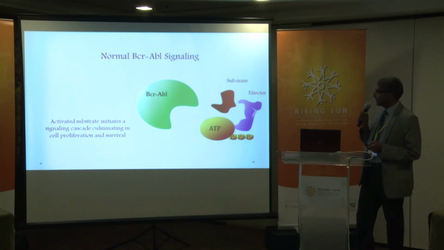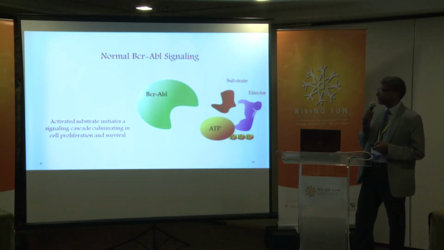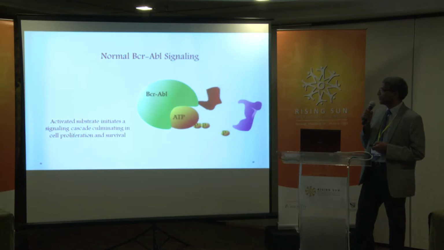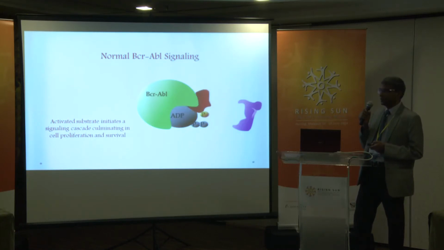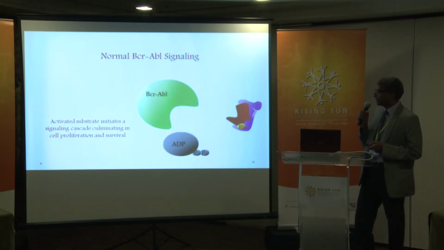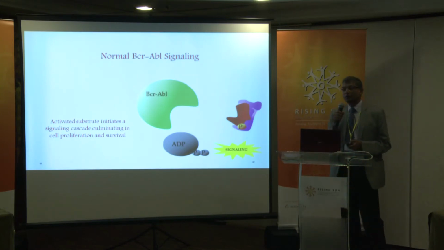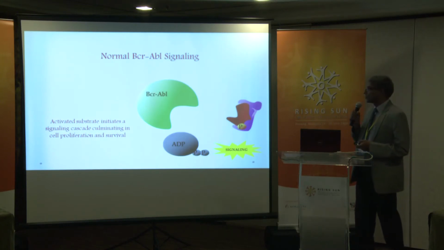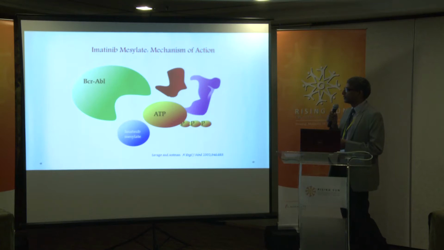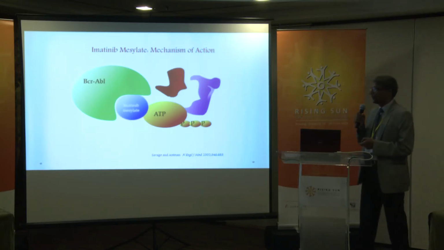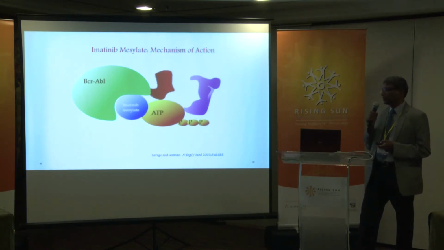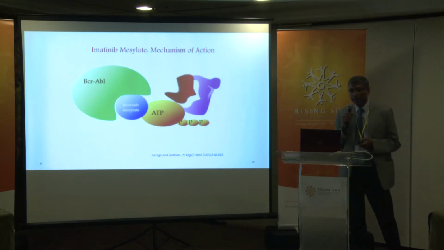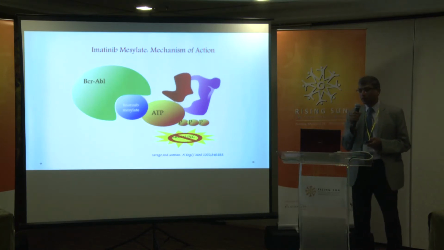which results in the manifestation of CML. So if this is the BCR-ABL protein, what happens in the pathogenesis of CML is that the ATP molecule binds to an area in the BCR-ABL protein which stimulates it, and you get a signaling which causes a proliferation of the cells. Now, what imatinib does is it goes and lodges in this binding site, preventing the ATP from binding to that area and thereby disrupting the signaling pathway, which results in the loss of signaling.